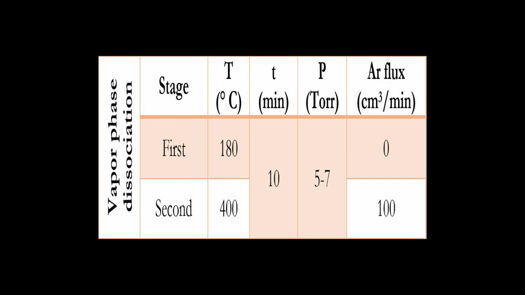In the second stage, argon was fed for an additional 10 minutes with a flow of 100 cm cubed per minute, with the purpose of eliminating any vapor or gaseous residue such as CO and CO2 from the reactor, and the temperature was kept at 400 degrees.